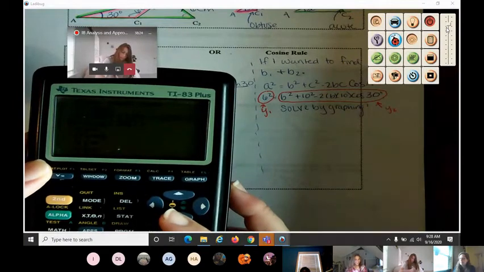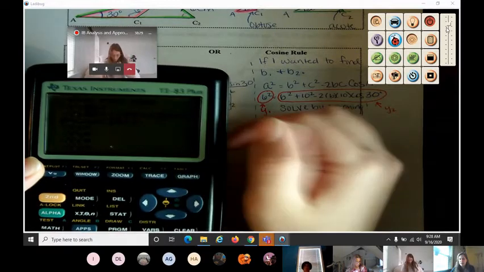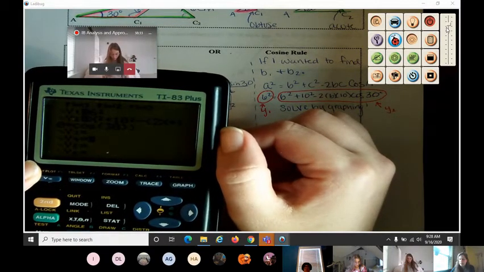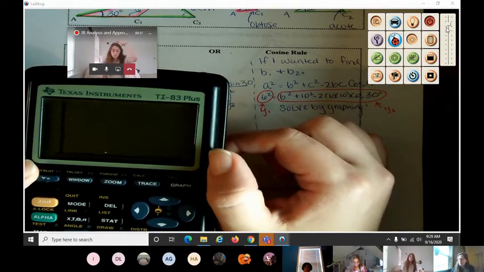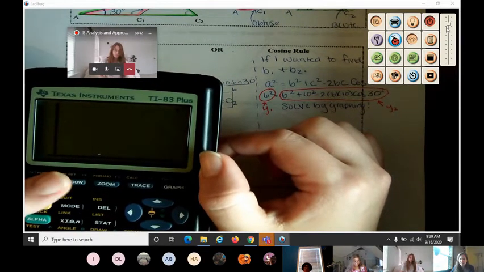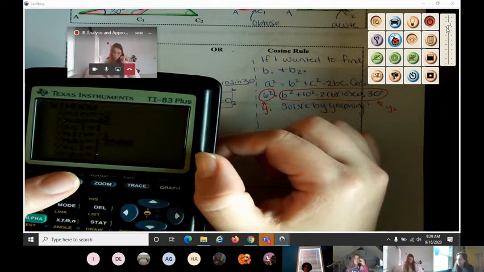Okay, so we have 6 squared in y1, and we have the other part of the equation in y2. I know it's impossible to see basically on my screen. But you're going to stick that in and you're going to click graph. I'm going to have to fix my window because it's really off from some stuff I was doing with my seniors.